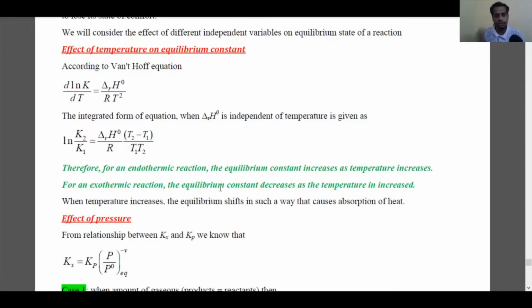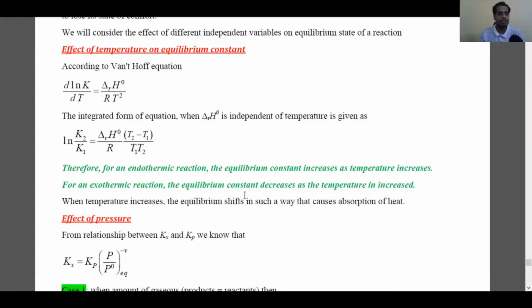So for an exothermic reaction, when I increase the temperature, the equilibrium constant decreases. What does that mean? The reaction will go towards the reactant side, in the backward direction, and more and more reactants will form. The reaction will not proceed towards product formation. Again, for an exothermic reaction, as the temperature is increased, the equilibrium constant decreases and more reactants are formed.